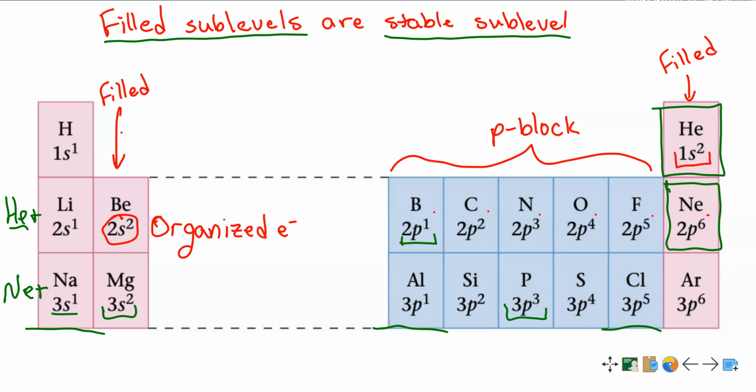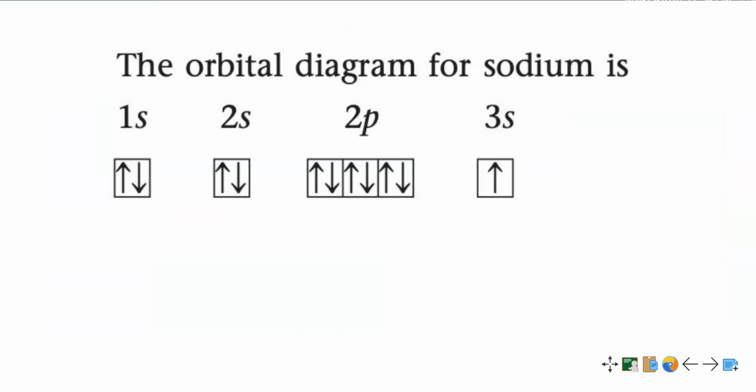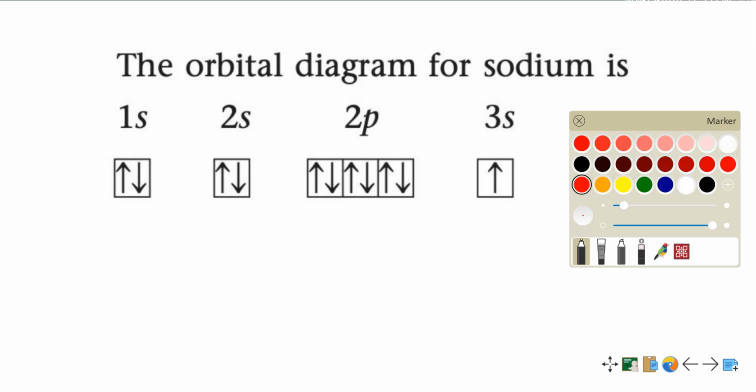The nice thing is it allows us to omit a portion of the electron configuration. Let's look at the orbital diagram for sodium. I'm going to switch back to red.